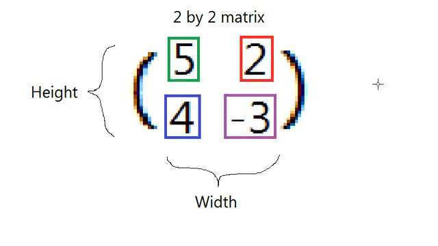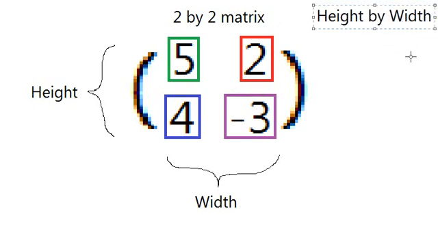Indeed it will. We use a general rule: height by width is the name. Here the height is 2 and the width is 2, so it's a 2x2. If it's just these two, it would be a 1x2.